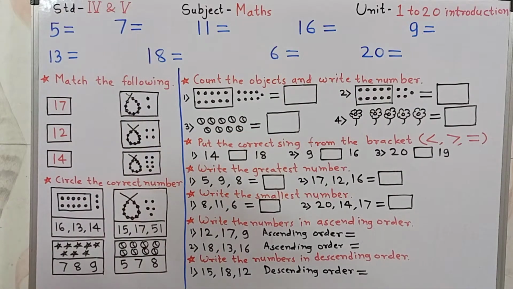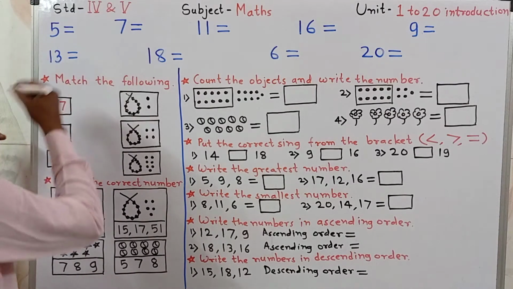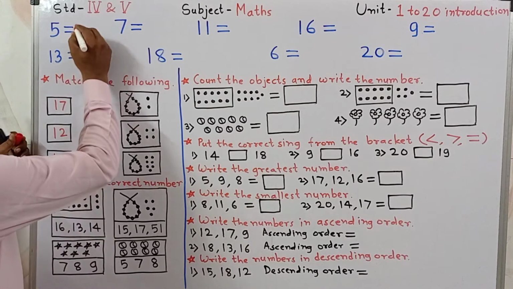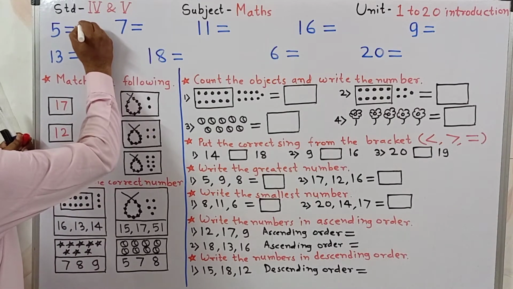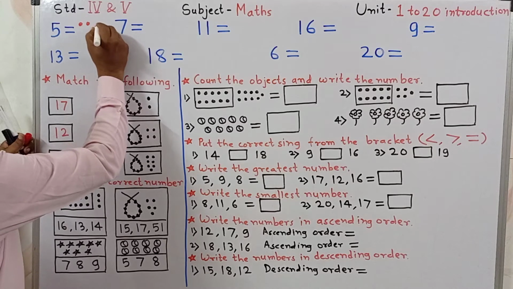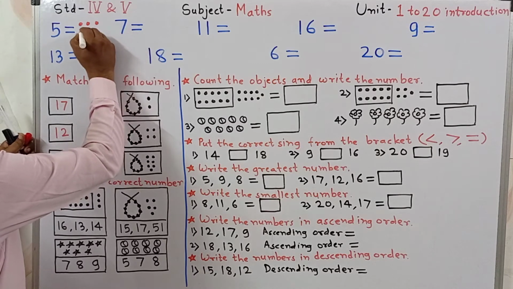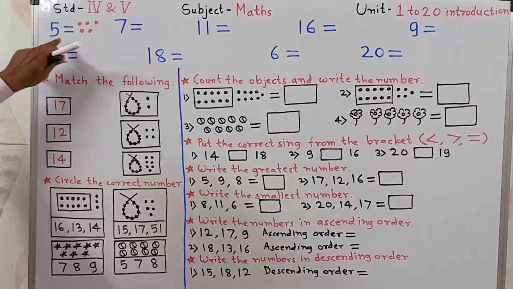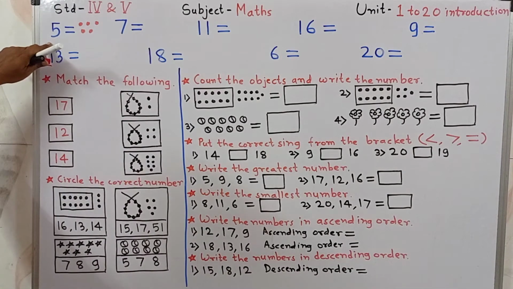Now, what is 5? 5 means, listen here. 1, 2, 3, 4, 5. There are 5 dots. Means 5. Okay?